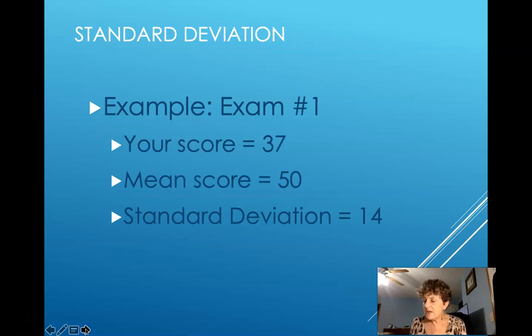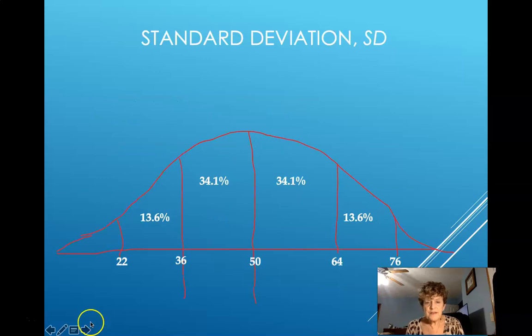For an example, let's just pretend that for the first exam, you got a 37. Probably wouldn't make you happy, but the mean score, or the average, is 50 and the standard deviation is 14. So 50 is our number in the middle.